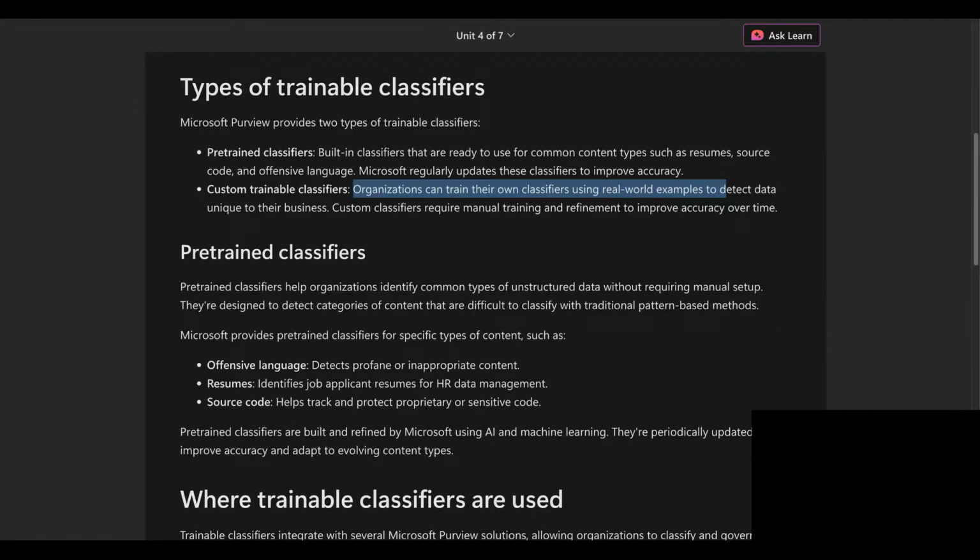I can get 50 CVs, upload them, and then whenever someone is trying to process a CV, the system will be able to detect it based on what we've trained it on. So this is basically just like AI.